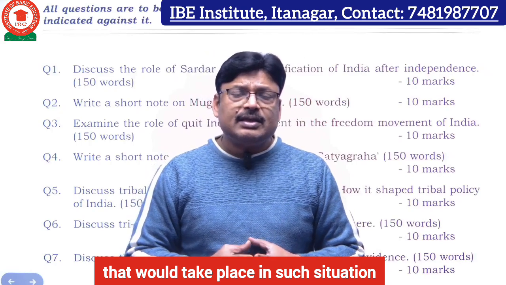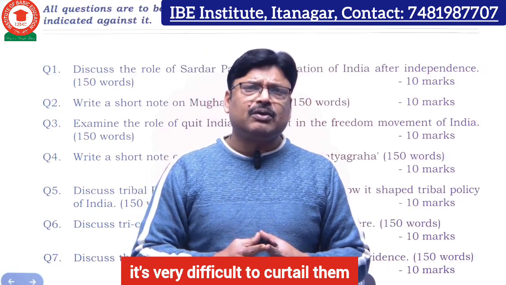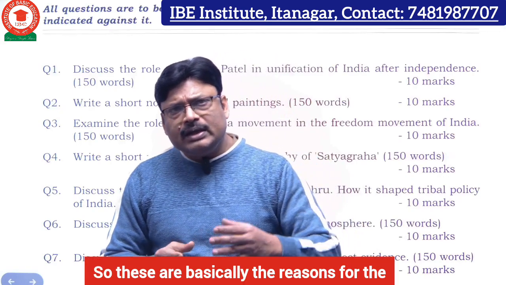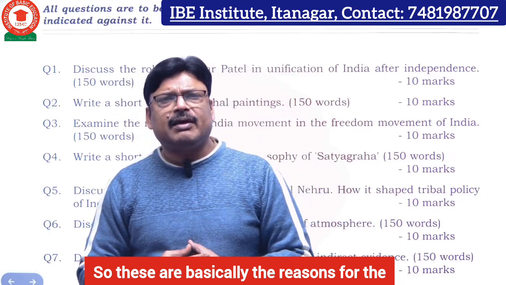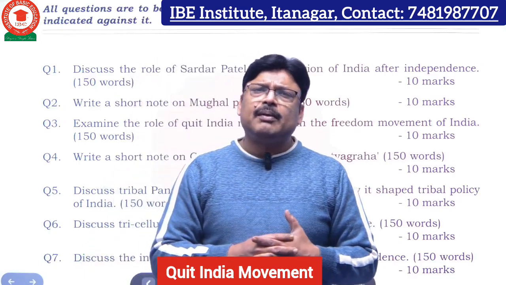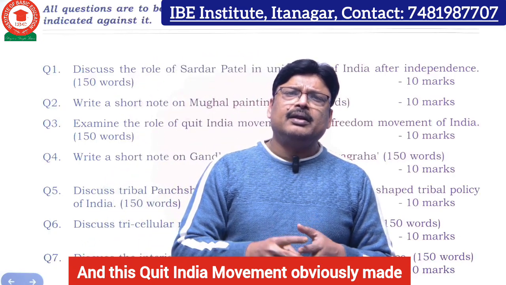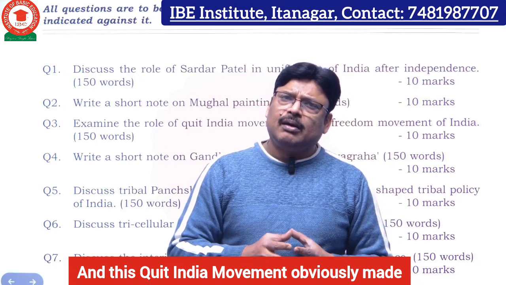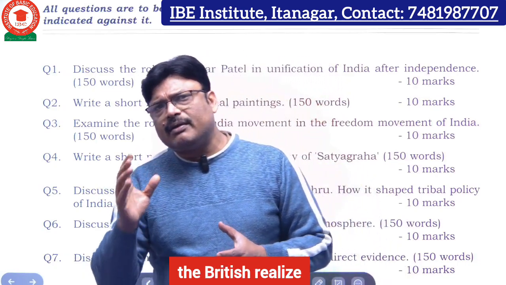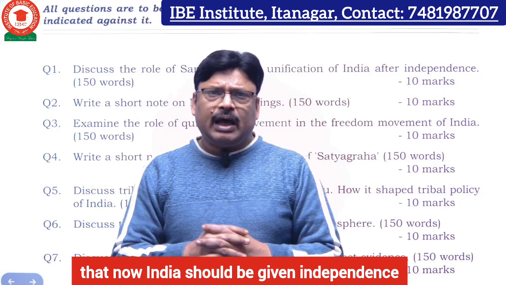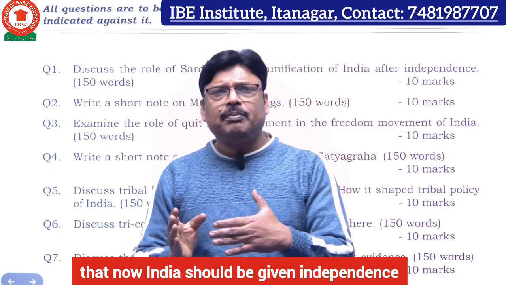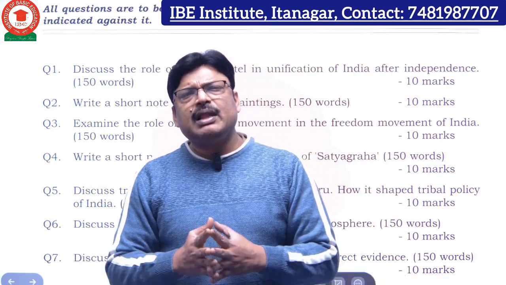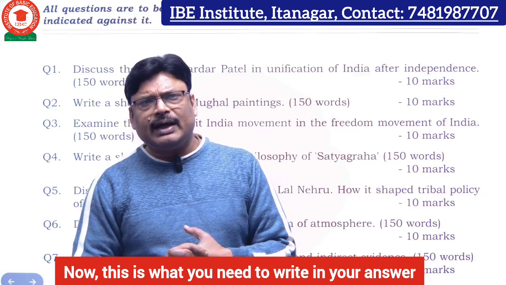So these are basically the reasons for the Quit India movement, and it obviously made the British realize that India should now be given independence. This is what you need to write in your answer.